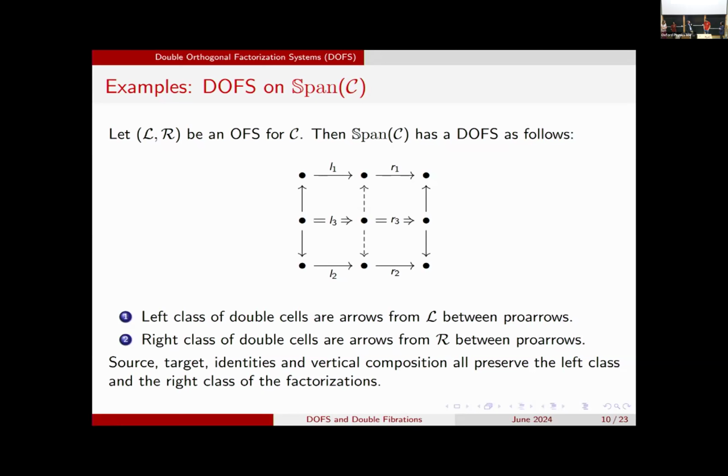So we require here, or rather we have here, that source, target, identities and vertical composition all preserve the left class of morphisms and the right class, which is a nice thing to have.